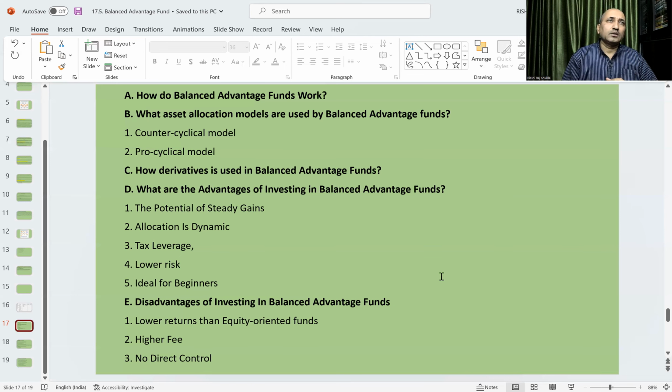Another gain from this balanced advantage fund is that there is a system, and the system will allocate the percentage of equity and debt. So we can overcome investment biases. Sometimes the equity portion provides enough growth, and whenever it is at a high and starts to fall, due to biases we are not exiting.